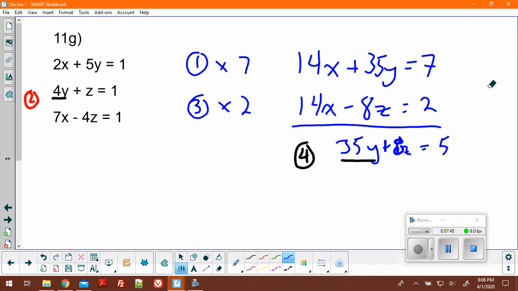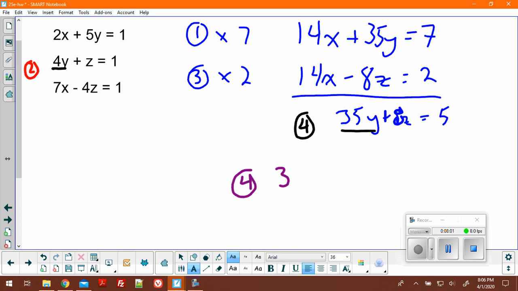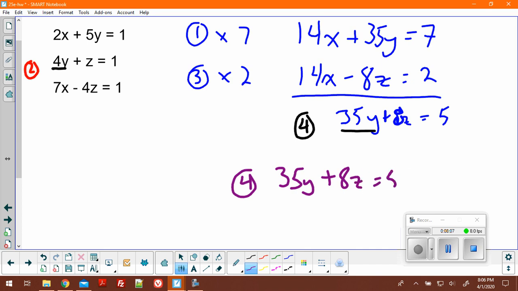Okay, so I'm going to choose to eliminate z instead because it looks way easier to do. I'd have to multiply this equation by 8 in order to do that. So I'm going to keep equation 4 the way it is, 35y. I'm going to do equation 2 times 8 to get rid of z.